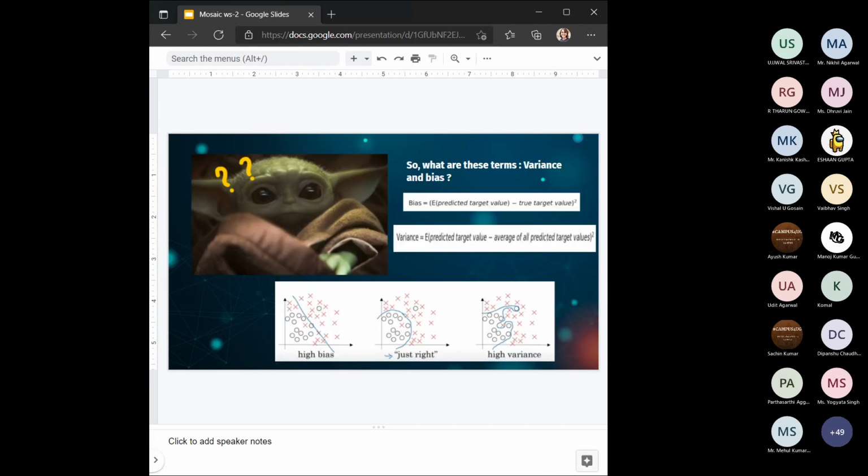It's paying a lot of attention to the training data, and it does not generalize well on data that it hasn't seen before. So in the third image, the data fits perfectly, but it doesn't look like a good model either because it's clearly overfitting.